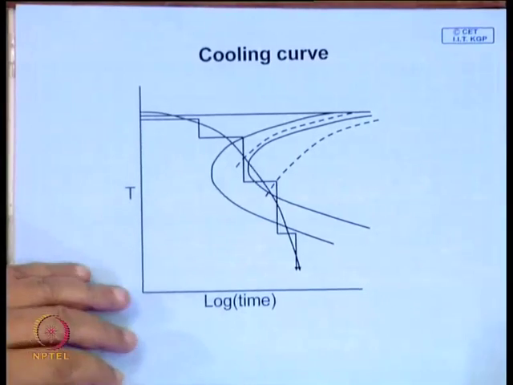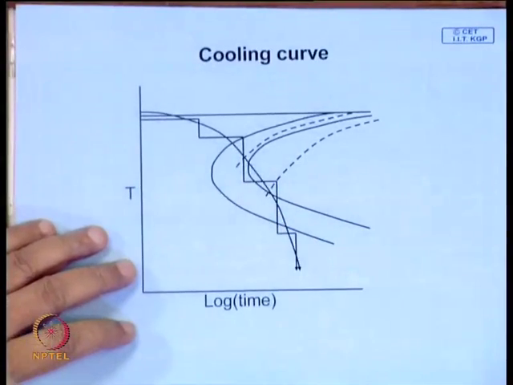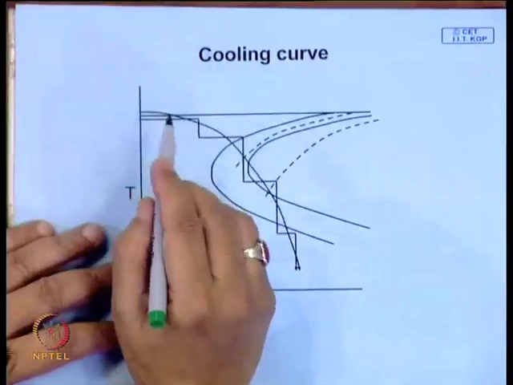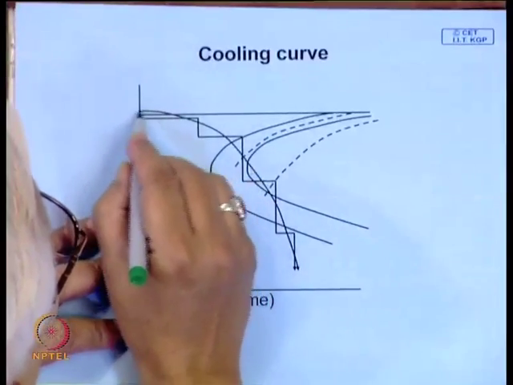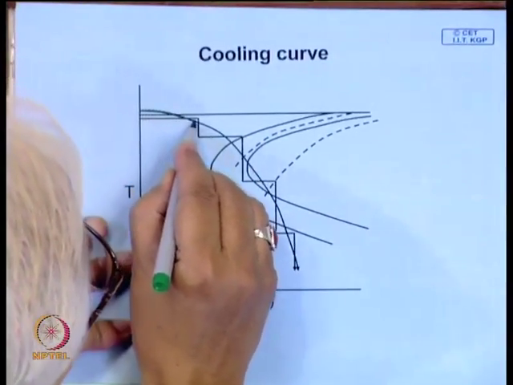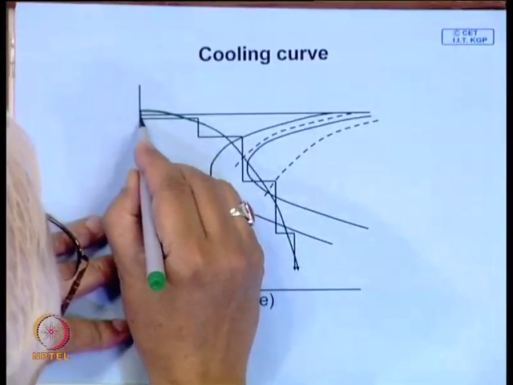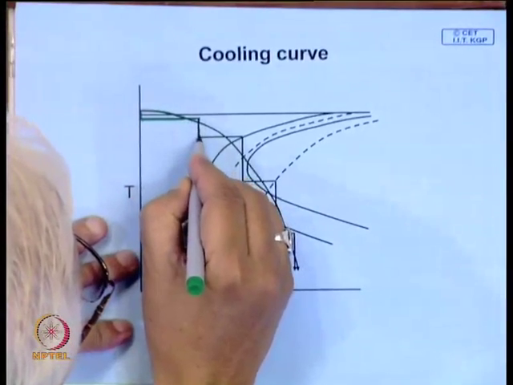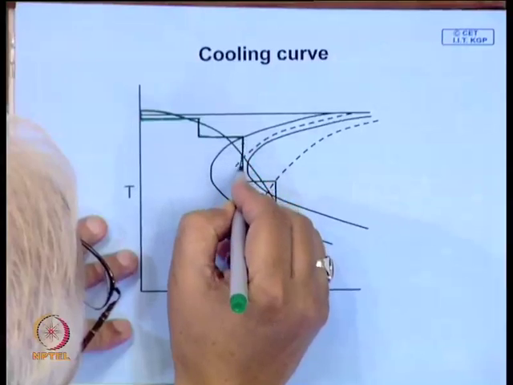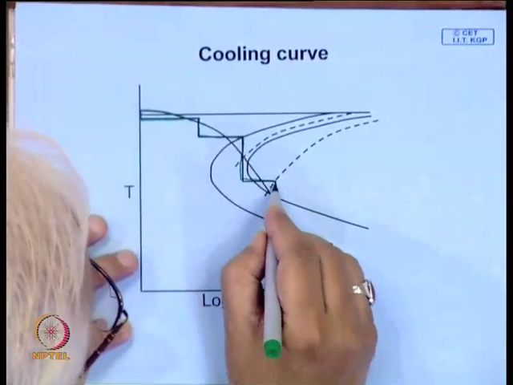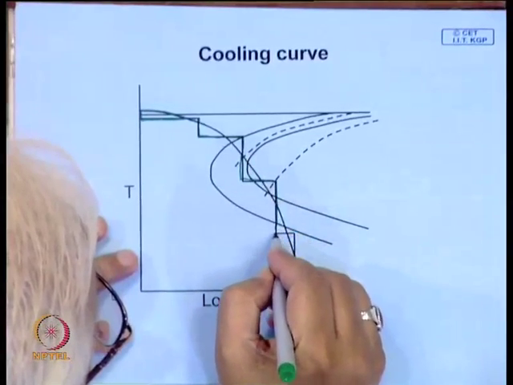Now, in this case we can always think of the isothermal cooling, this continuous cooling path. We can always break it up into steps like this. I have drawn a very coarse step, it can be made even finer.